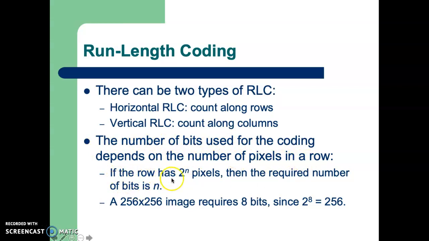If the row has 2^n pixels, then the required number of bits is n. For example, a 256 by 256 image requires 8 bits, since 2 to the power of 8 is 256.